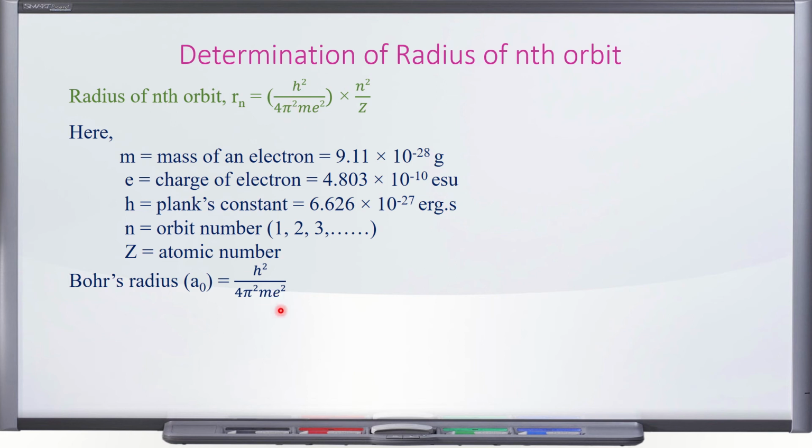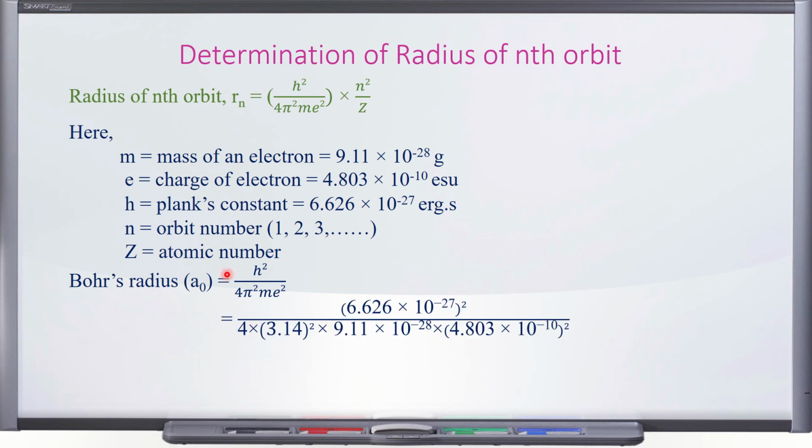H square by 4 pi square m e square is called Bohr's radius, and this Bohr's radius equal 5.29 into 10 to the power minus 9 centimeter. We got this by putting all the values here. Now we got it in centimeter, we can convert it into meter. That will come 5.29 into 10 to the power minus 11 meter.